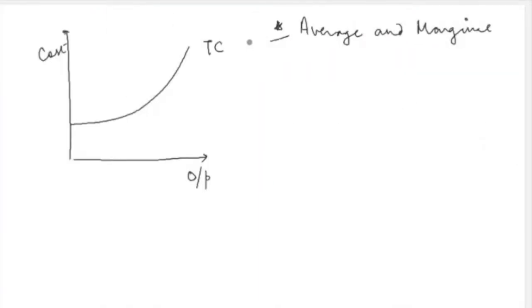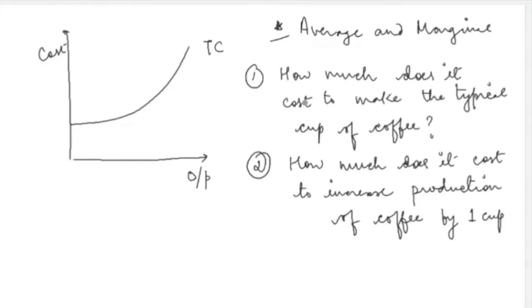Now, suppose you are interested in knowing answers to these two following questions. The first is, how much does it cost to make the typical cup of coffee? The second is, how much does it cost to increase the production of coffee by 1 cup? And the answers to these questions are average cost and marginal cost.